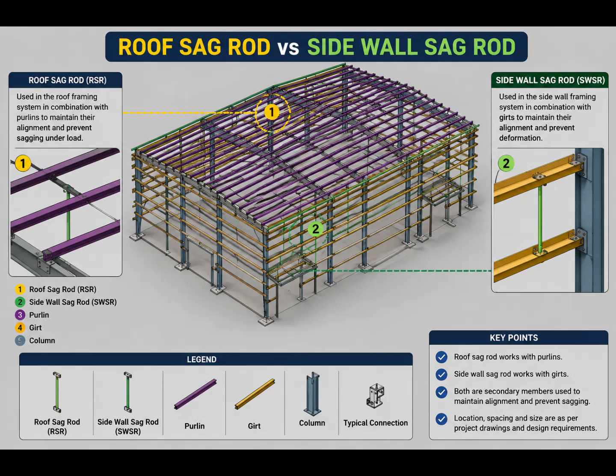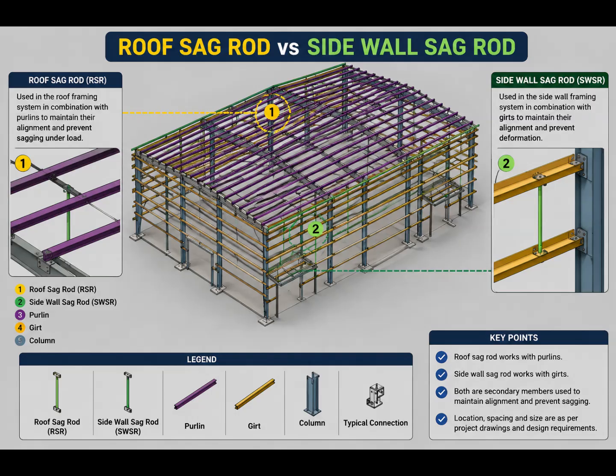Different projects can have different framing layouts, bay spacing, member sizes, connection details, and bracing requirements. So, the correct approach is always: read the drawing first, identify the secondary member, locate the sag rod arrangement, then verify it in the 3D model.